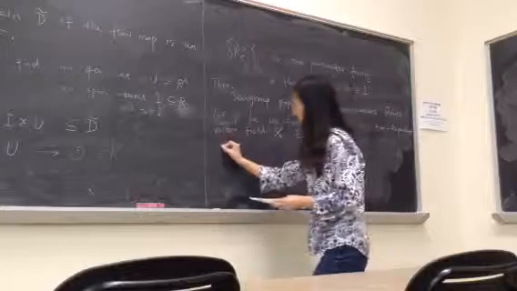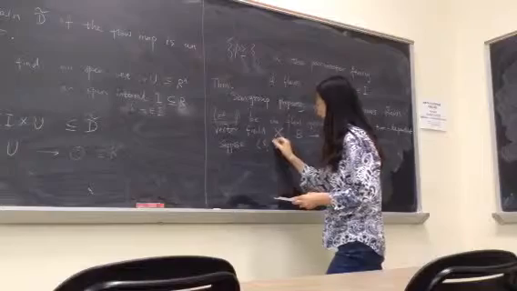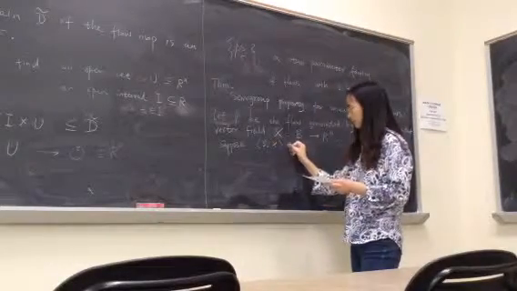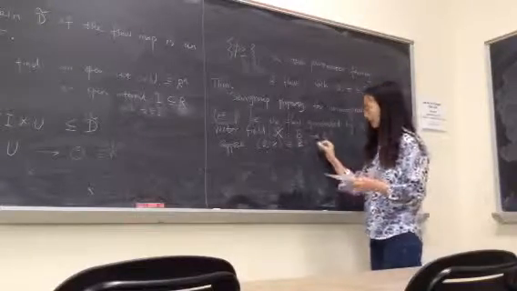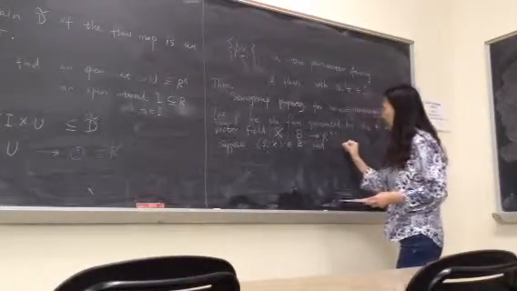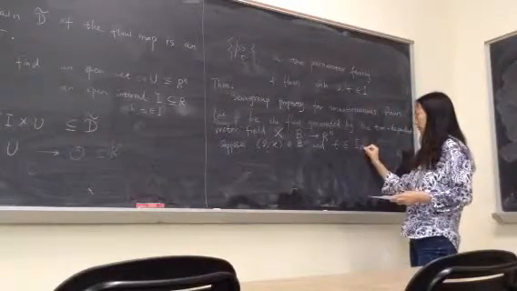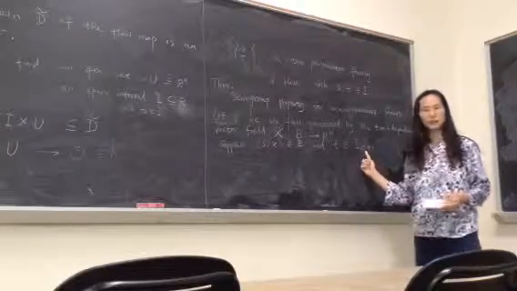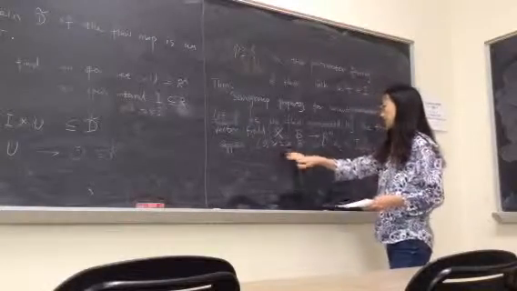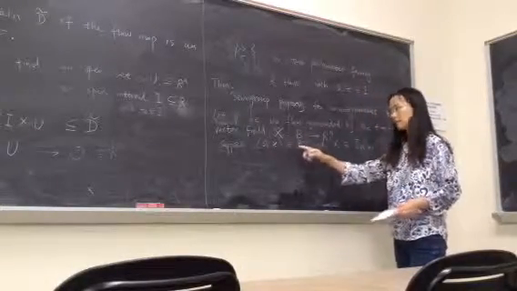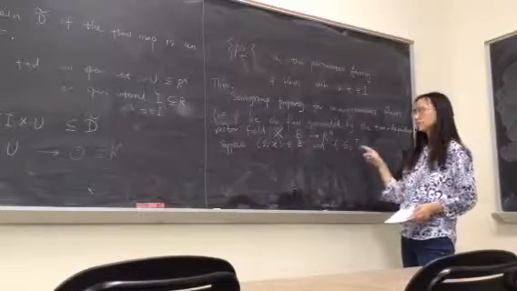Also, we suppose this point x, that's the point from B, and t is from the interval, right, the maximum interval. So this is the point. We know there's an integral curve, right? Maximum integral curve passing through this point, which is defined on this interval. So we know t is from that interval.